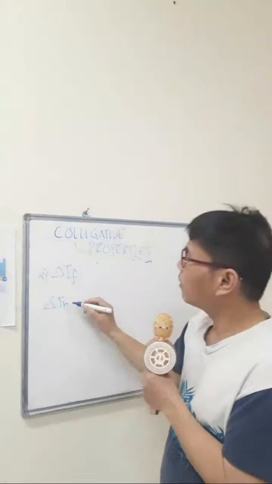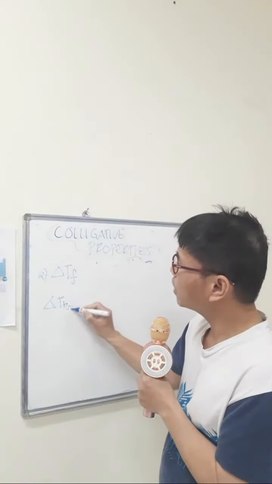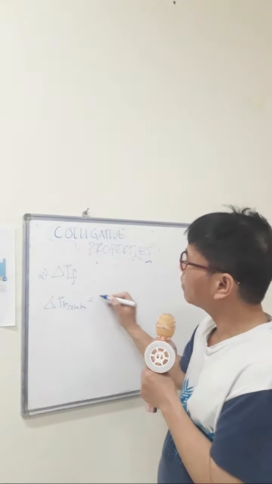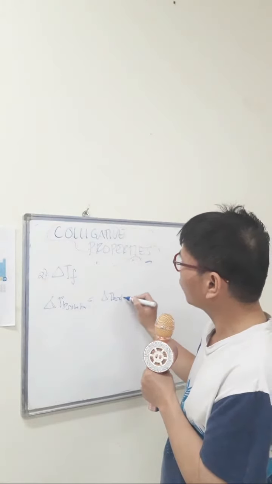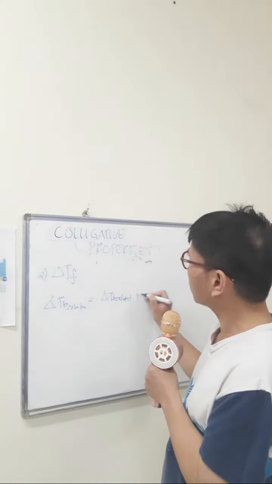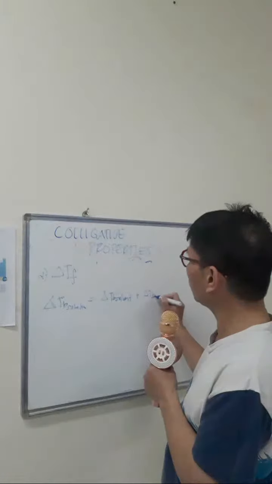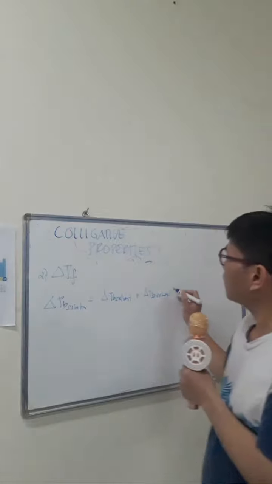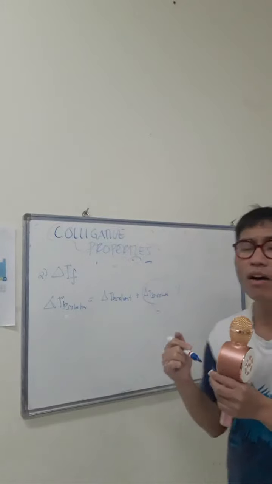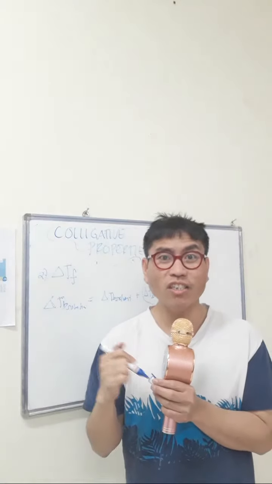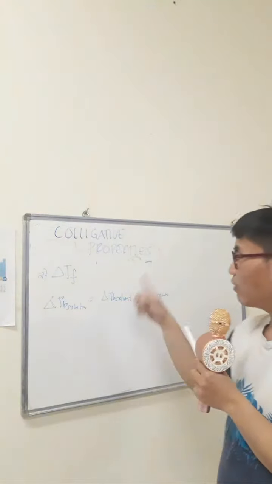So the boiling point of the solution is equal to the boiling point of the solvent, which is normally water, plus the boiling point of your solute. This is what we call the boiling point elevation, not for the solvent, not for the solution.